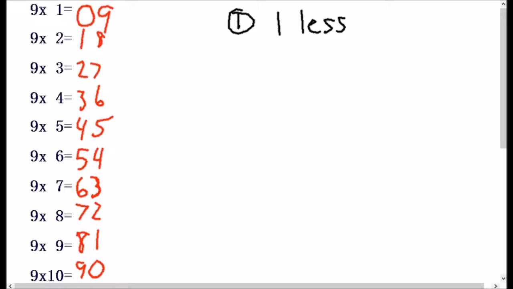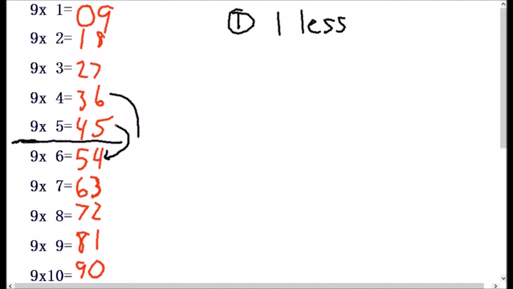Okay. The second thing I'm going to do here is I'm going to draw a line right here. And the reason I'm doing that is because there is a connection between the top half and the bottom half. Can you see how these answers on the top relate to the answers on the bottom? How does 45 connect to 54?